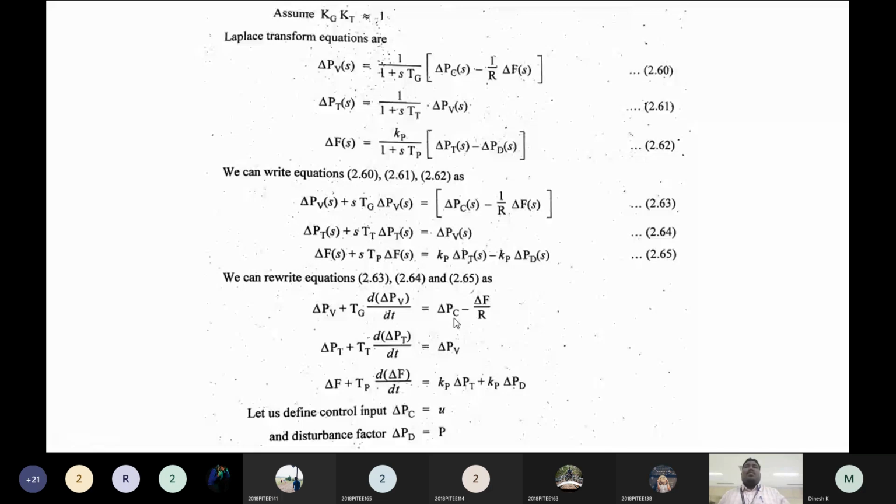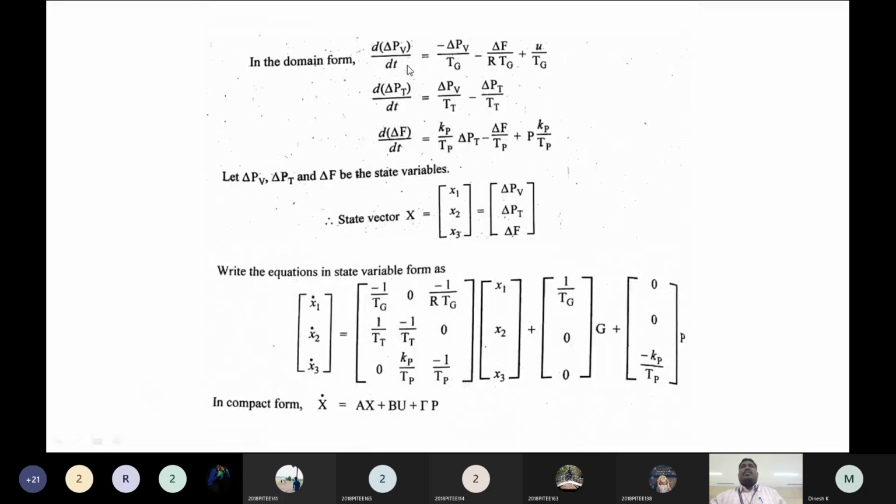So we can define our control input del PC as U for the ease of convenience. Similarly, the disturbance factor del PD I take as capital P. So when we take it like that, in state form, d del PV by dt is minus del PV by TG minus del F by RTG plus U by TG.